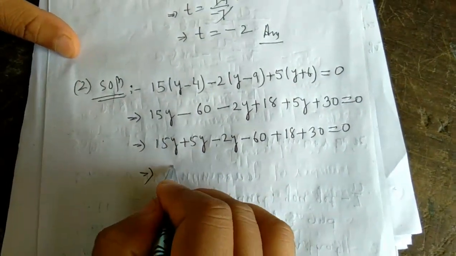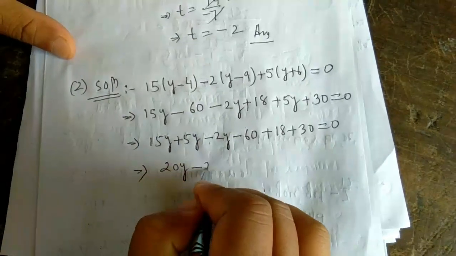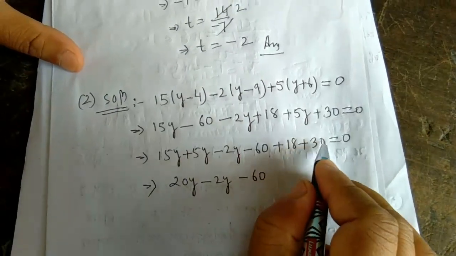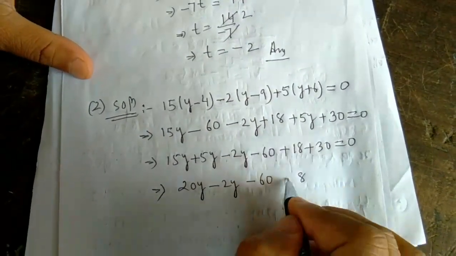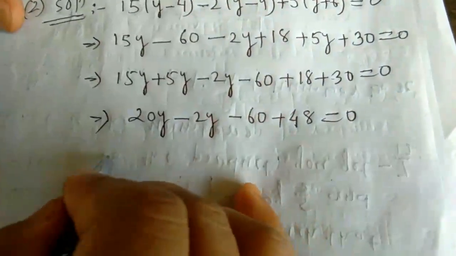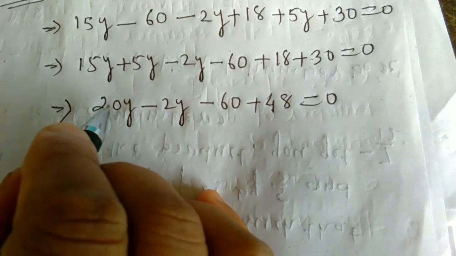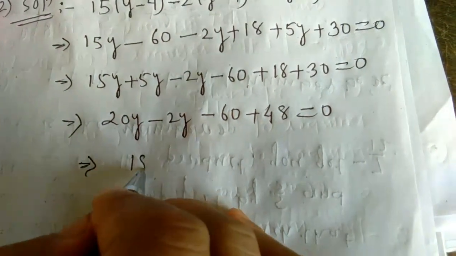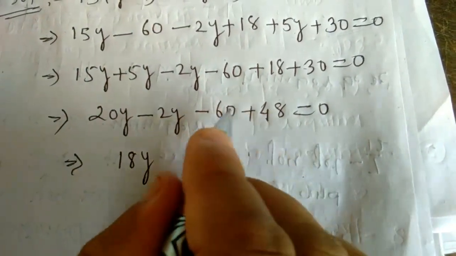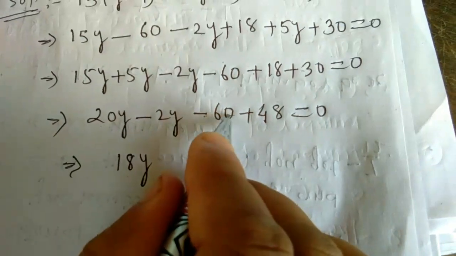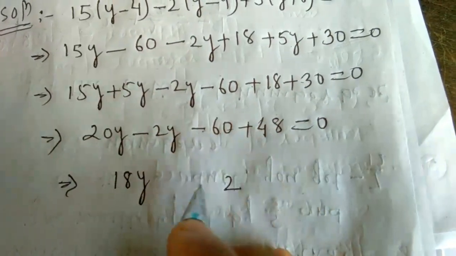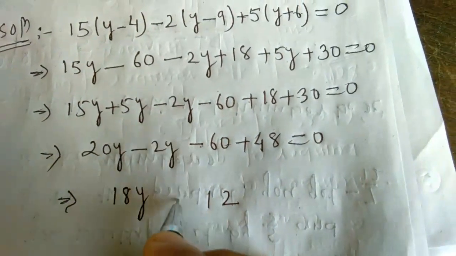15y plus 5y is your 20y, minus 2y, minus 60. 18 plus 30 you add: 8 plus 0 is 8, 1 plus 3 is 4, both are positive, so plus 48, equal to 0. Then 20 minus 2 is your 18y; 20 is greater and positive, so it will become positive. 60 minus 48: take one 10, 10 minus 8 is 2, here remain 5, 5 minus 4 is 1, so 12. 60 is greater, so negative sign.